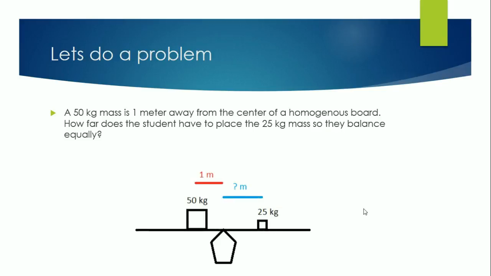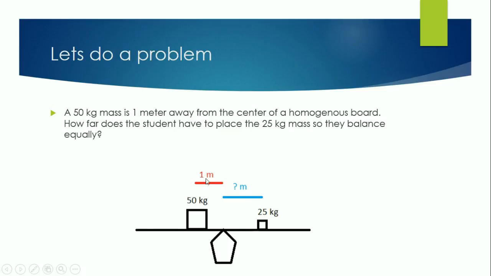Here you have a seesaw, and a 50 kilogram mass. It's 1 meter away from the center, or the fulcrum, which happens to be in the center. Then we have a 25 kilogram mass on the other side, and we don't know how far to place it. But we know this is stable. So how far do we have to place it?